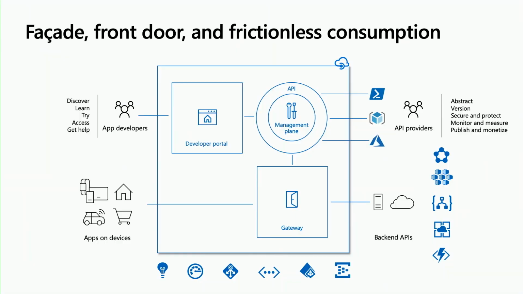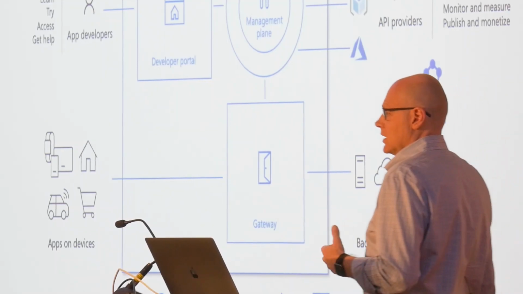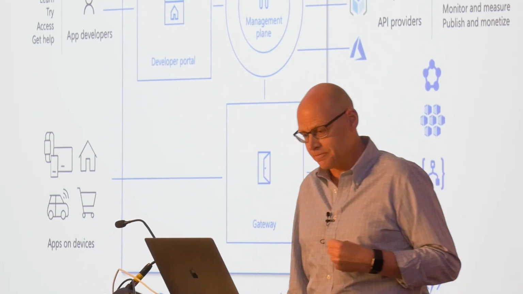API management is very well integrated with the rest of Azure services. For example, for observability, we have integration with App Insights and Azure Monitor for logging, tracing, troubleshooting. We have integration with the networking stack on Azure, specifically App Gateway for Web Application Firewall, for example. Virtual networking for private backends, as well as reaching back to on-prem.